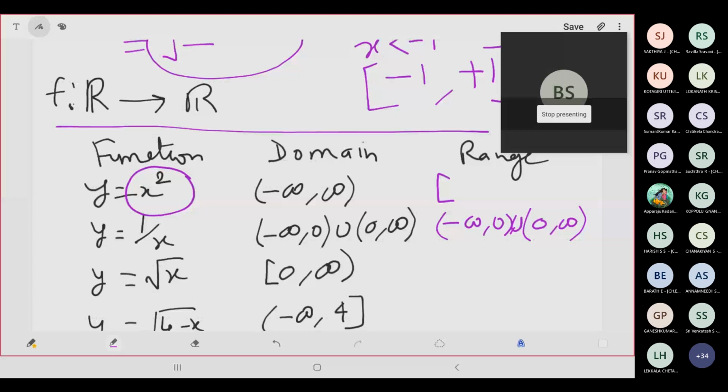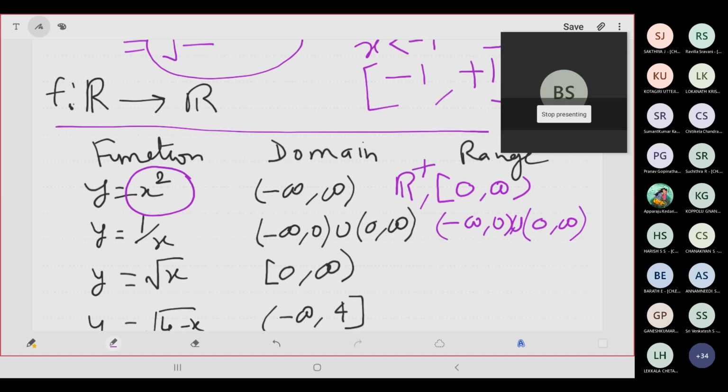Then your range would be only the positive reals. You can write it in this form, R plus, that means R with superscript plus, positive reals, or in interval form 0 to plus infinity.